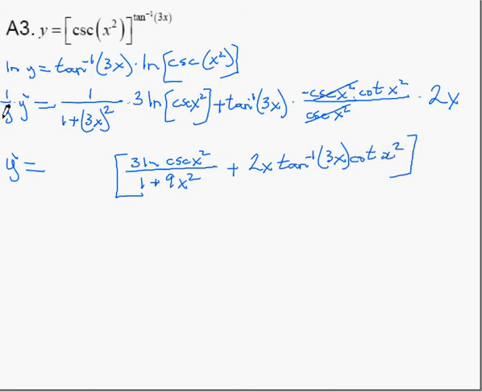And in front here is the y that came over, but we don't want y. We want what y is in terms of x. So this is cosecant x squared all to the power of tan inverse of 3x.